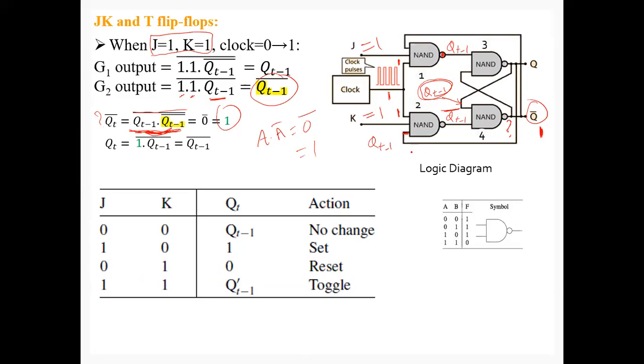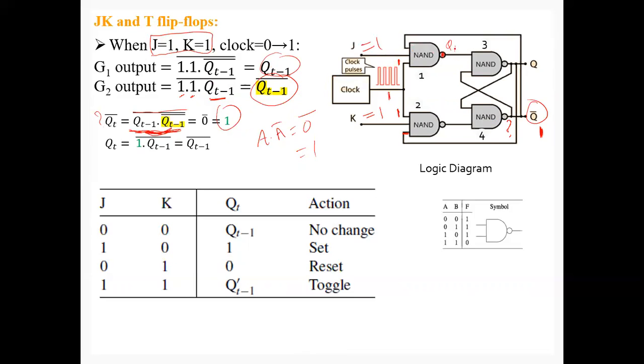Okay. Now the main thing is we are trying to find this guy. This is our main goal. What is Q? Your main goal is to figure out Q. So this is 1, right? So what is this thing? No, see, this is Q(t-1).